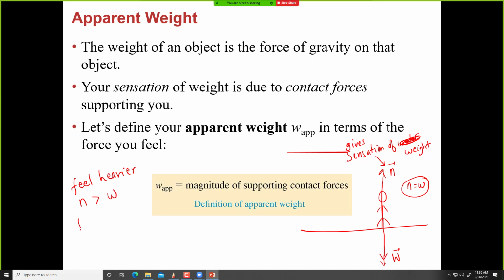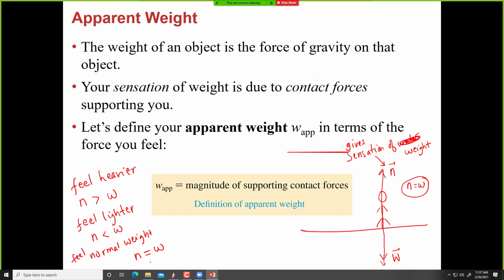We'll feel lighter when the normal force, or the force of the surface on our body, is less than the actual weight. And we'll feel the normal weight when the normal force exerted by the surface on our body is exactly equal to the weight of the body.